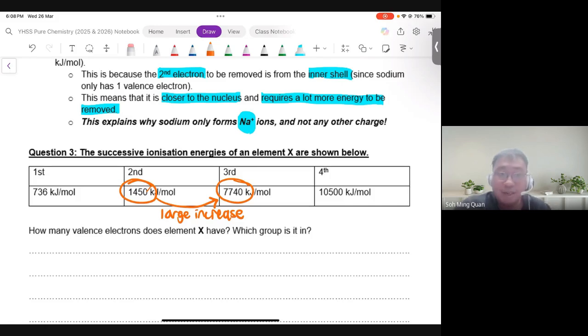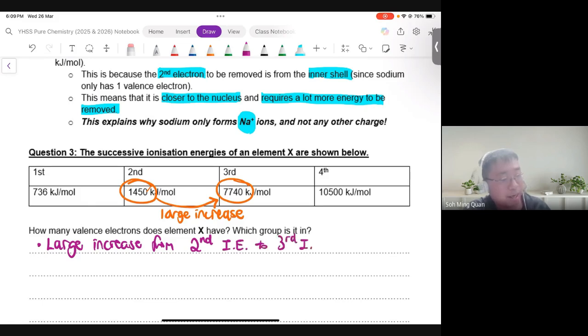Okay, so large increase means what? Oh, it means that the third electron is much, much harder to remove. Why will that be the case? Why will the third electron be much harder to remove? So firstly, let's write down there's a large increase from the second ionization energy to the third ionization energy.